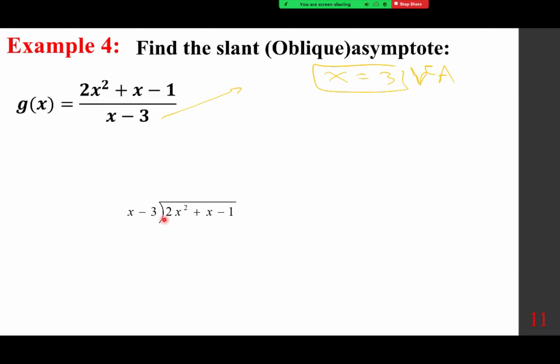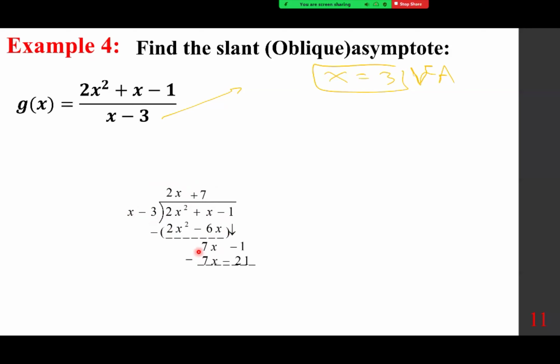To do the division, as you recall, you divide the first term by the first term, you get 2x. You multiply the 2x by the divisor x minus 3, you get 2x squared minus 6x. You subtract this, so this becomes negative, cancels this one, this becomes positive, and it becomes 7x. You drop the -1. You divide 7x by x, you get 7. You multiply it by the divisor, you get 7x minus 21.